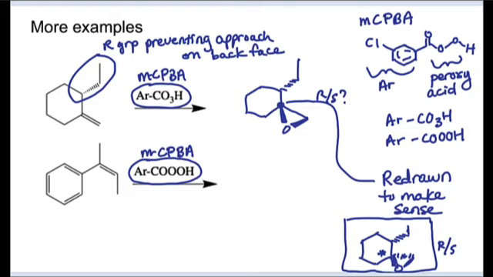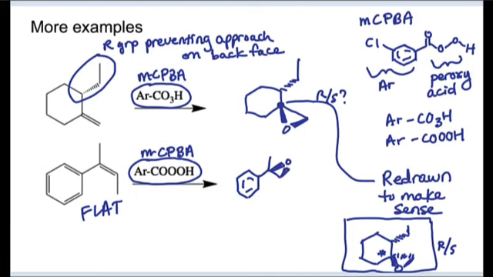Okay, and so the last example here, I'm seeing a perfectly flat structure. There's nothing nearby on dash or wedge that's going to prevent the approach of the molecule from one face or the other. I'm going to redraw the benzene ring. It's not reactive.